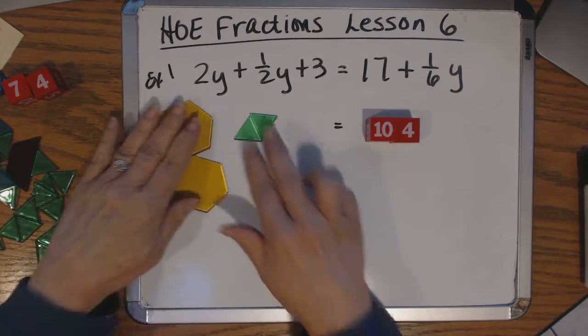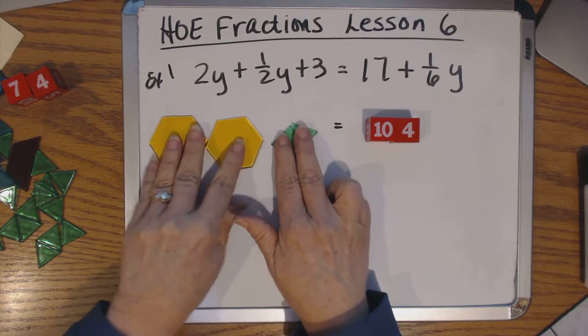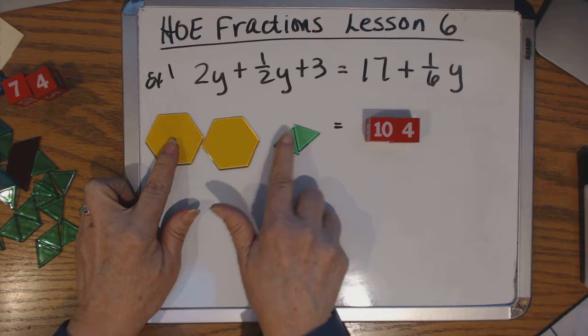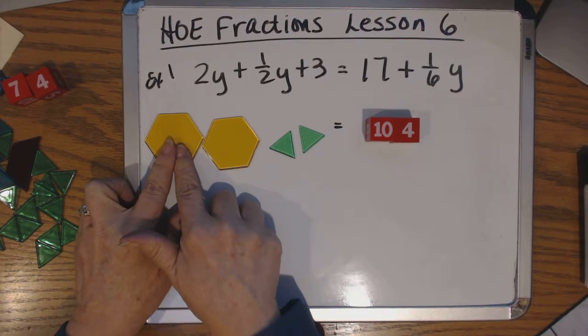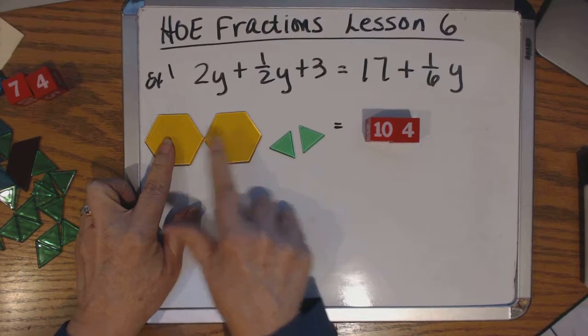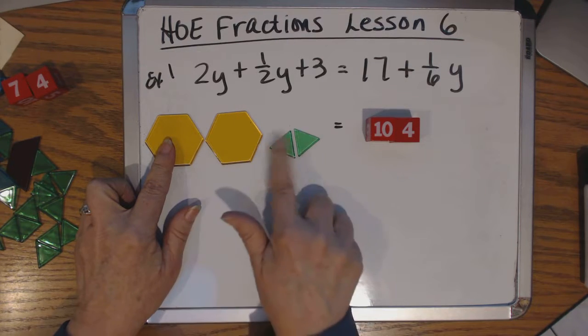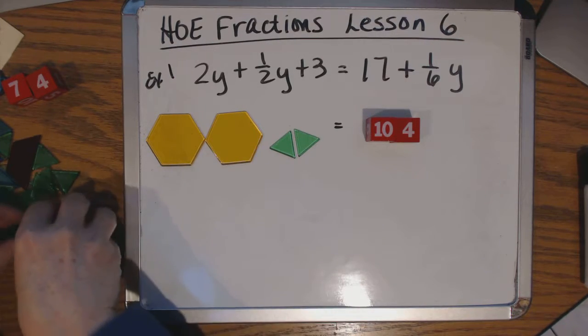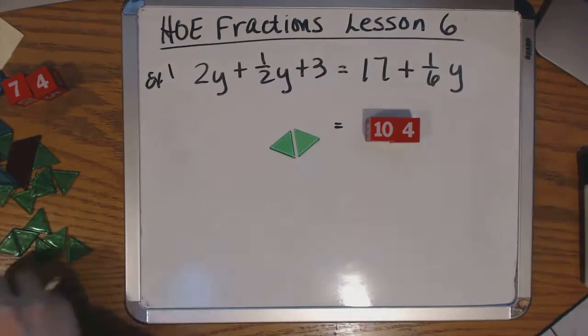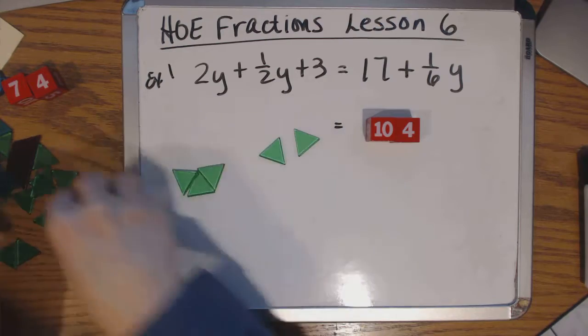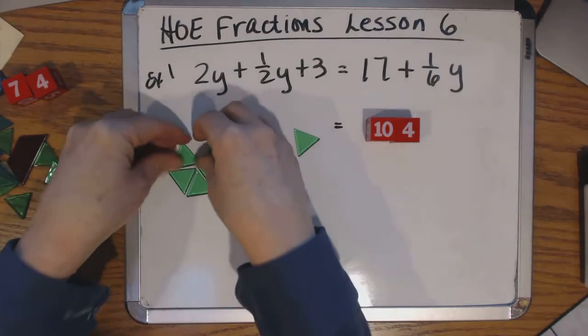Now, some of you could do this mentally in your head. You could think, hey, I've got 6 plus 6 of these greens will count for a y, and 6 more. But the other way, if you're struggling with visualizing this, I could take those 2 y's and just substitute them.